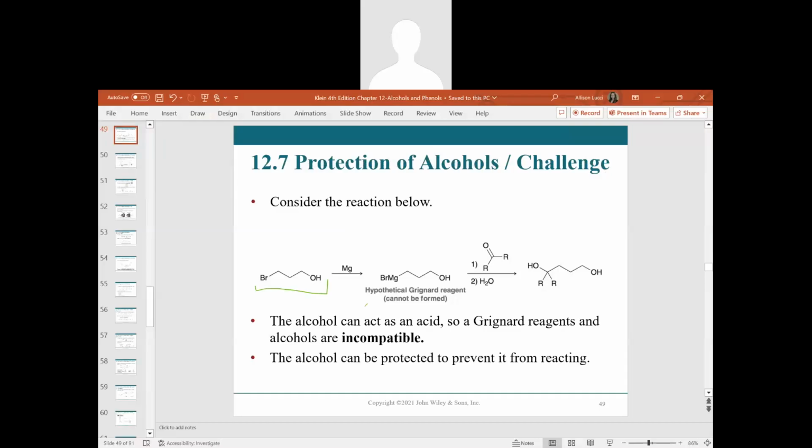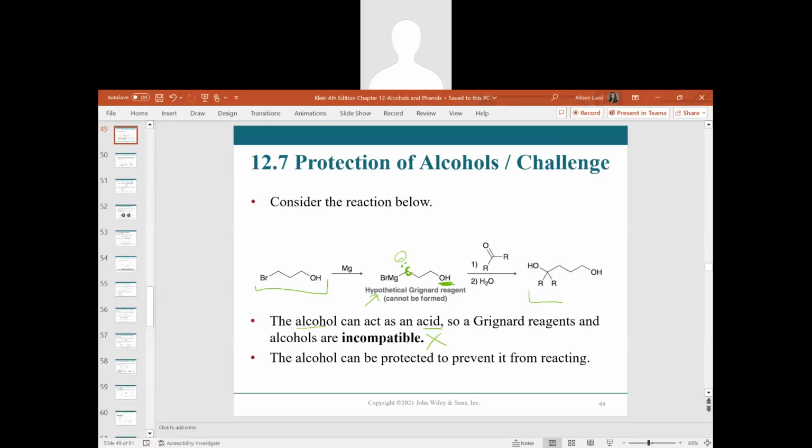This will be a hypothetical Grignard reagent because we know that in Grignard reagents, this carbon would act as a carbanion, which can be very basic, and it cannot be in the presence of an acidic proton. We know that alcohols can function as an acid. So Grignard reagents and alcohols are therefore incompatible. We cannot make a Grignard reagent out of this alcohol.